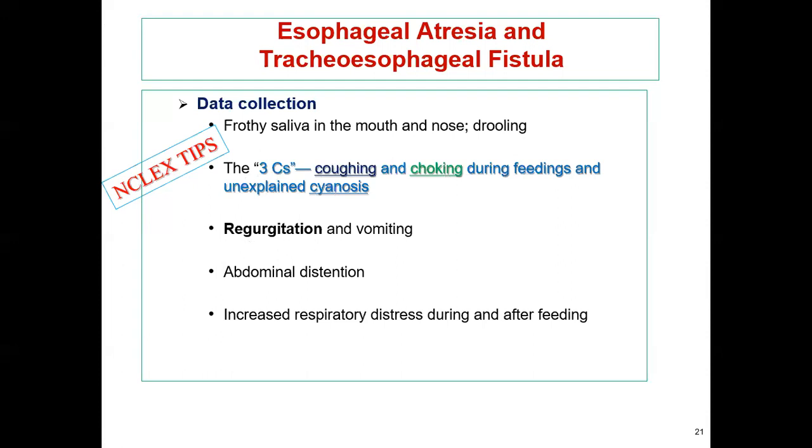Also, abdominal distension, right? So what else? The regurgitation and vomiting, abdominal distension, increased respiratory distress during and after feeding.